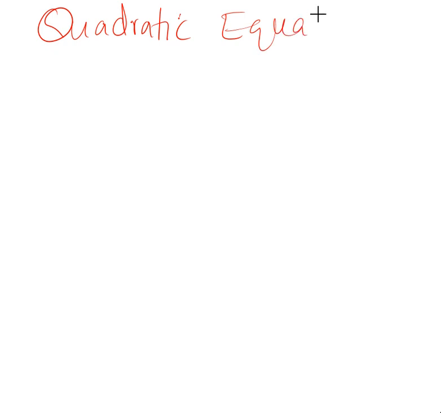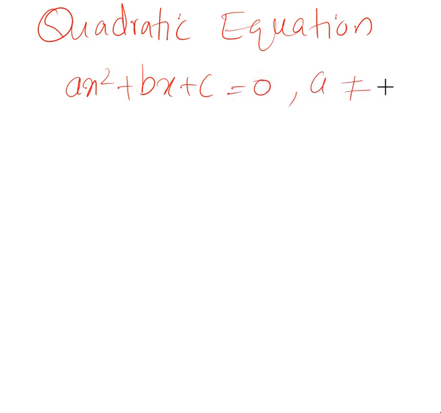So today we are going to discuss quadratic equations. So how can we identify quadratic equations? A quadratic equation in standard form can be written like ax² + bx + c = 0, where a cannot be 0.